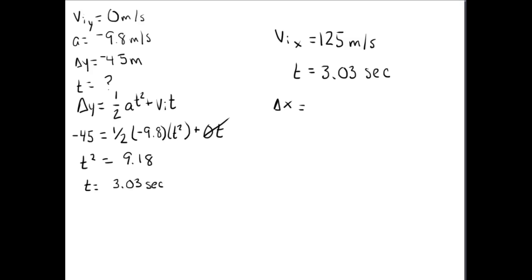Well, delta x is just our velocity in the x, 125, times 3.03, for a total of 378.75 meters. I'm not being very careful with my significant figures here. So the arrow lands 378.75 meters away from Hawkeye's position when he fired it.